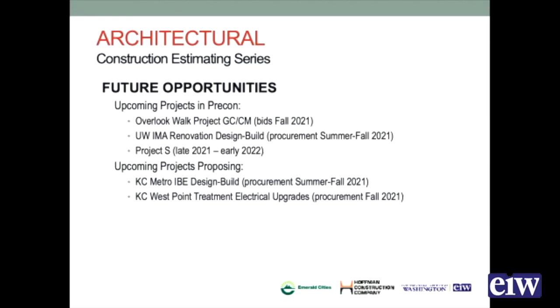Then we are also proposing on the design build project for the King County Metro interim bus electrification project. So that's King County moving to all electric buses. We'll start procuring that work because it's a design build proposal. We have to have a full price on it, so we will need to start engaging subcontractors in order to get that price put together. That will happen this summer and into the fall.